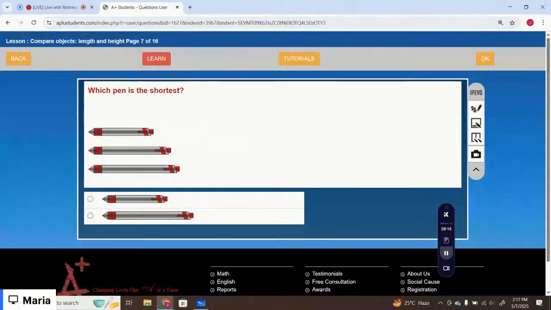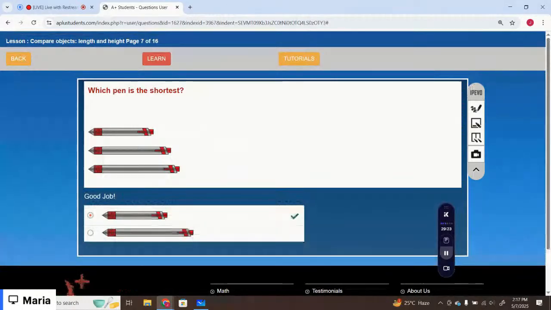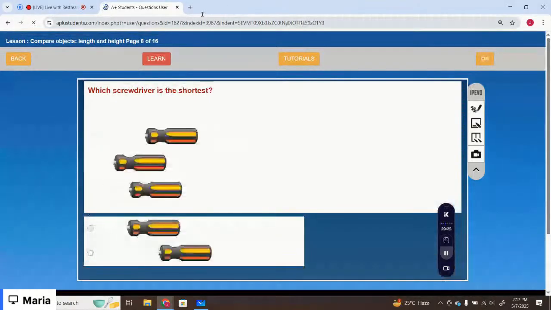Which pen is the shortest? Which is the correct option? Very good. Again, that is option number one. So option number one is the shortest. Which screwdriver is shortest?